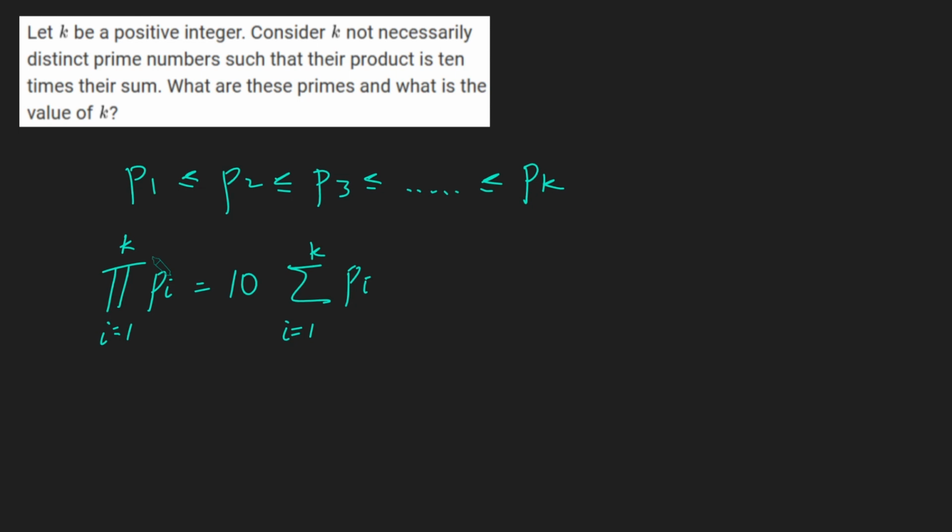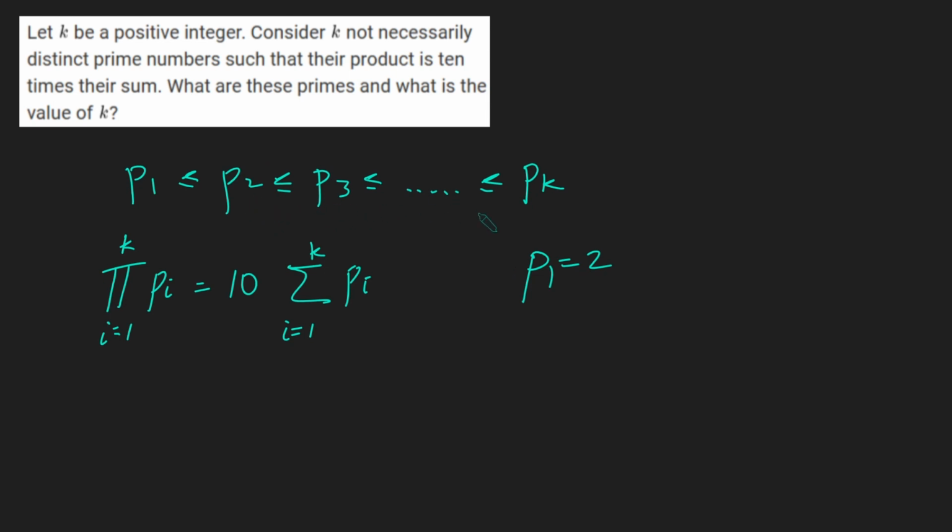And since we've prescribed this order here, and 2 is the smallest prime number, we can with confidence say that P1 must equal 2. Now, annoyingly, we can't quite say that P2 is 5 or P3 is 5 or guarantee what the index is of the prime number which is 5, because it could be that P2 is 5, or maybe P2 is 3, in which case maybe P3 is 5, but even then, 5 doesn't necessarily have to be one of those two.